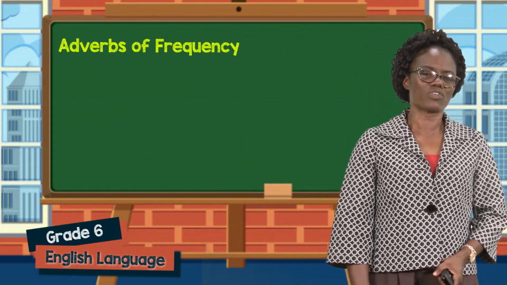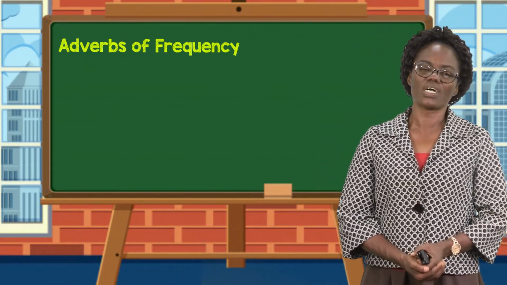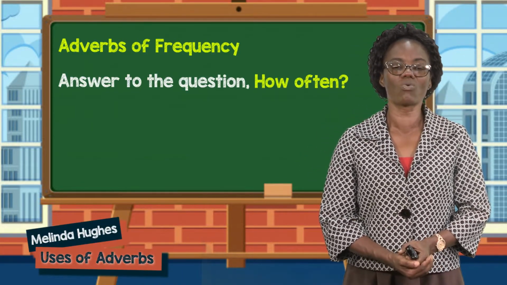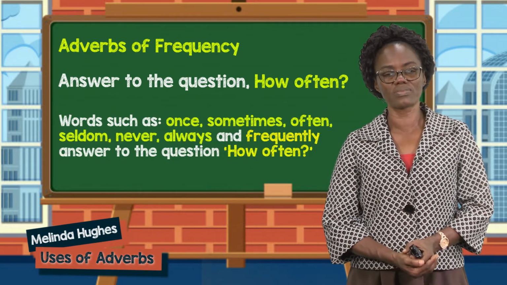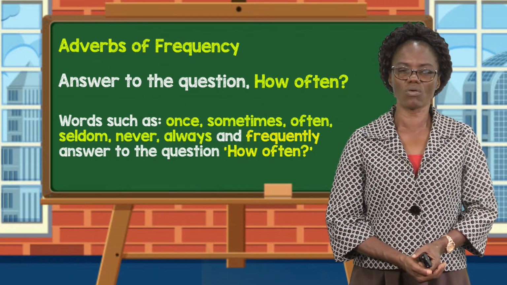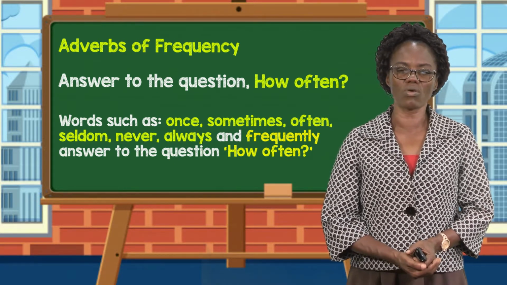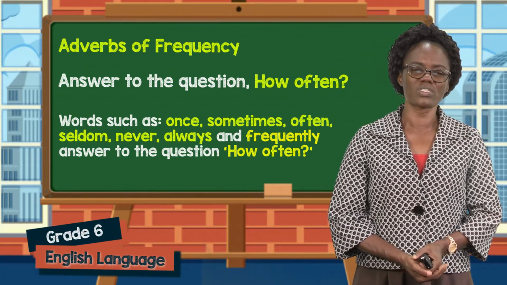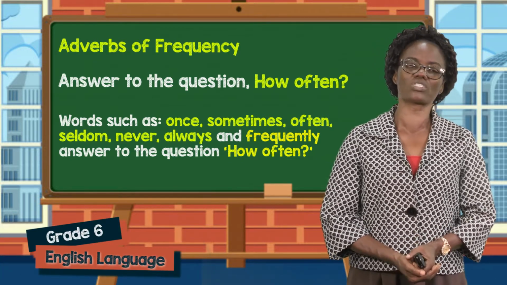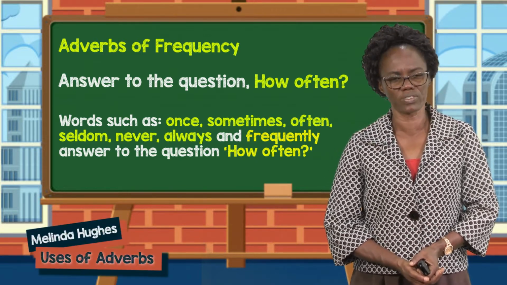Next, we have adverbs of frequency. Adverbs of frequency answer the question, how often? Words such as once, sometimes, often, seldom, never, always, and frequently are some of those words that can function as adverbs and answer the question, how often?